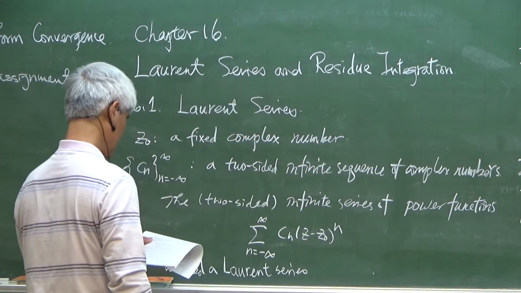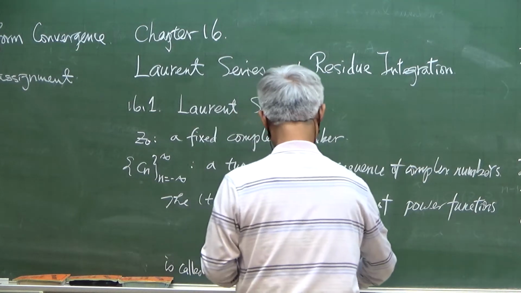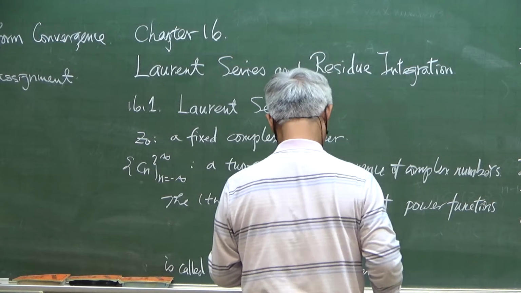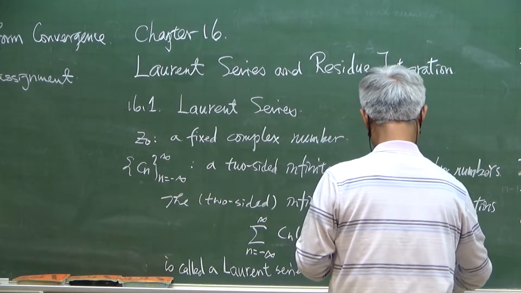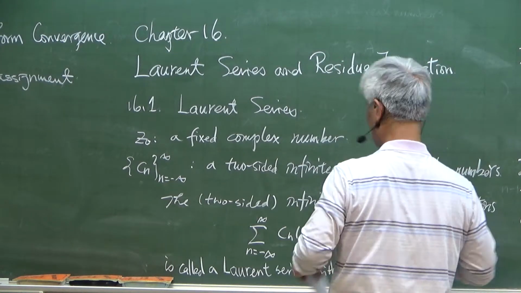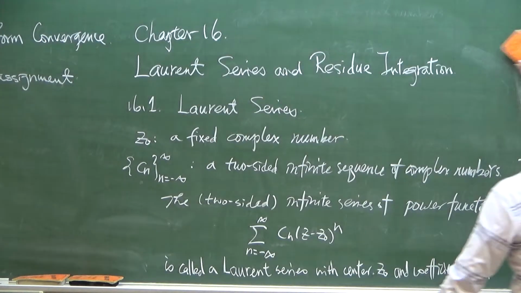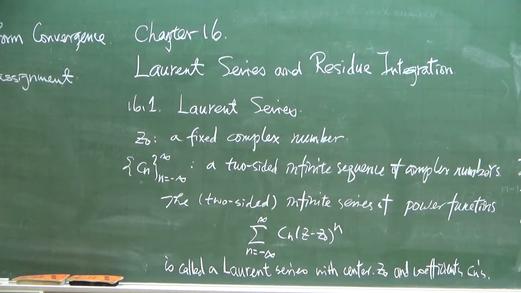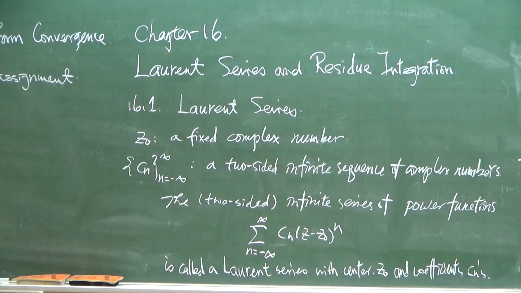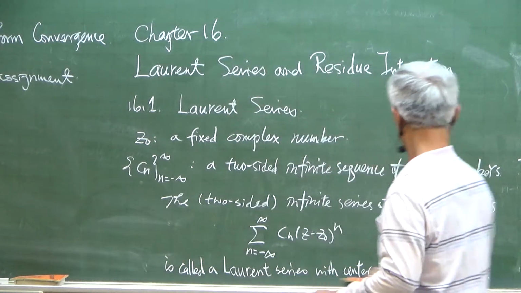Okay, so it's a Laurent series with center z0, and the coefficients c_n. So you may regard a power series to be a special kind of Laurent series, such that c_n is equal to 0 for all n which are negative. Right? So this is a very special kind of Laurent series.